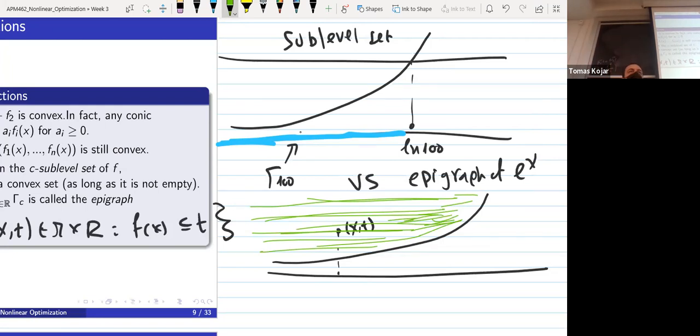Does that make sense? So epigraph is above the graph. Sublevel set is in the domain. So they live in different spaces. So this guy lives in the domain of the function. I'm just saying because I know there's confusion about this. And epigraph lives in the range. So domain cross range.